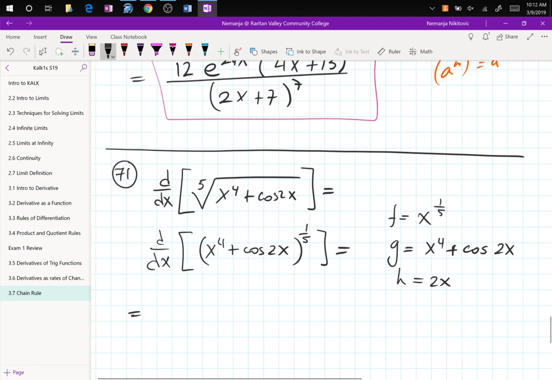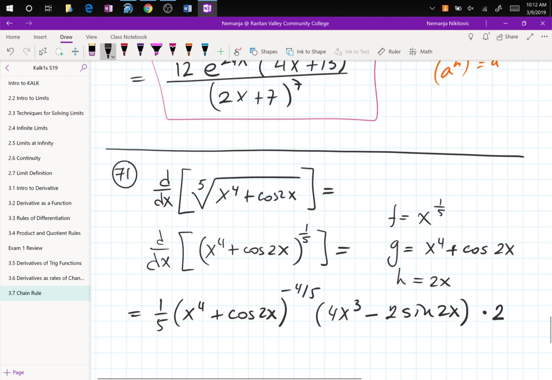So the derivative is 1/5, and now you have the entire parenthesis to the negative 4/5 because you subtracted 1, times the derivative of the inside, which is 4x cubed minus 2 sine 2x, and finally times 2. Oh no, sorry, no times 2, I already did that, it's right here, sorry.